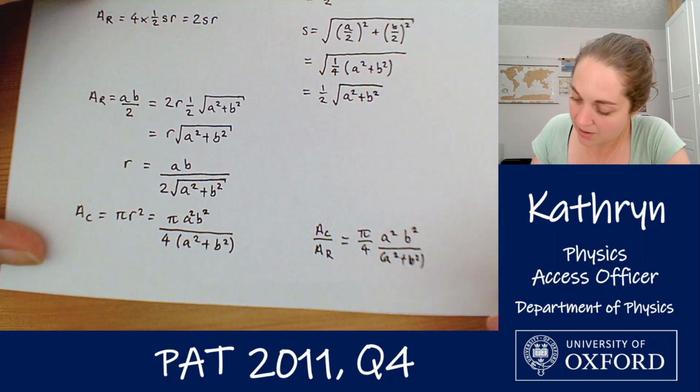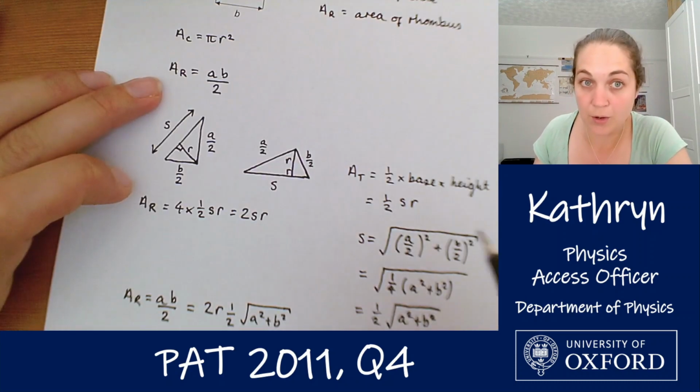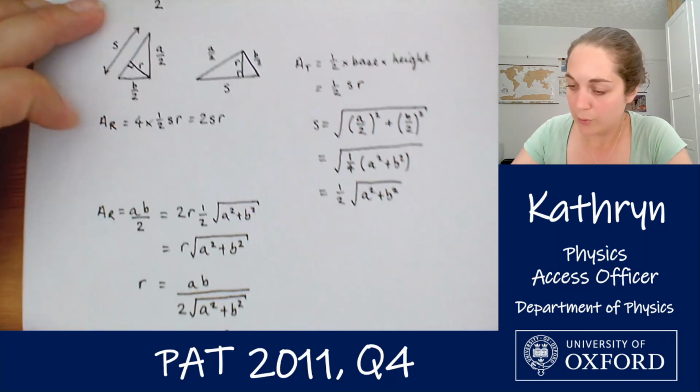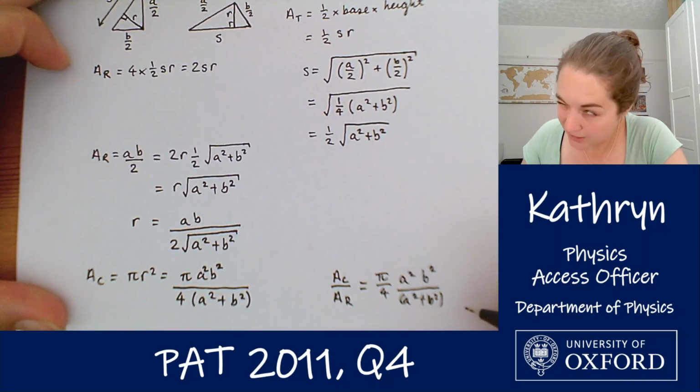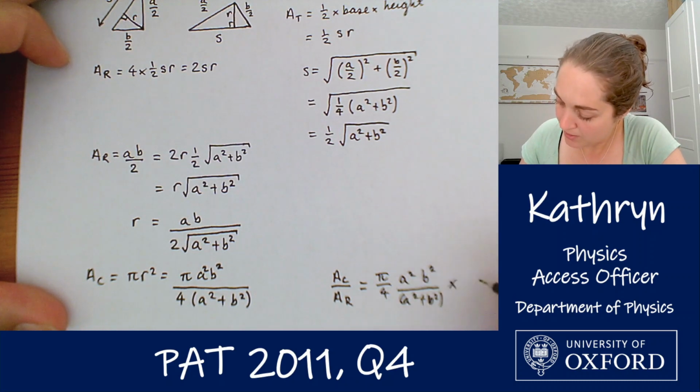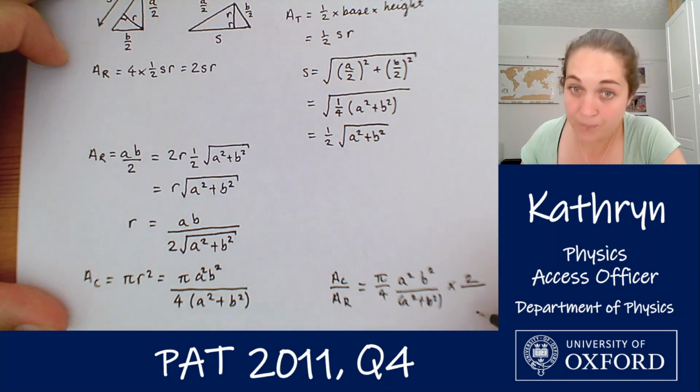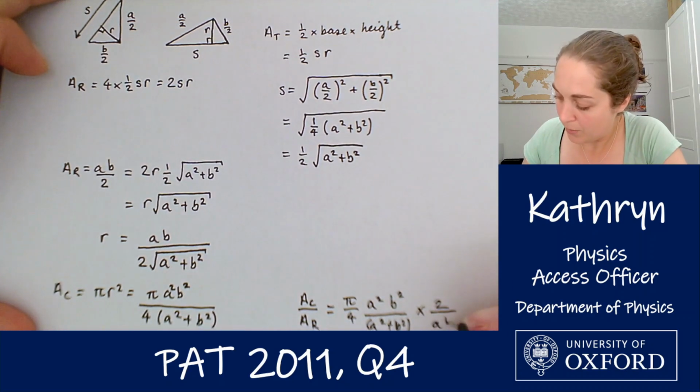And then AR is just AB over 2 from up here. So if we're dividing by AB over 2, that's the same as multiplying by 2 over AB.